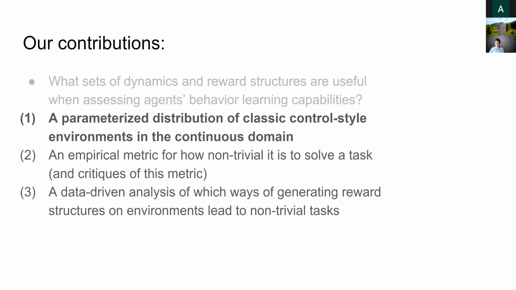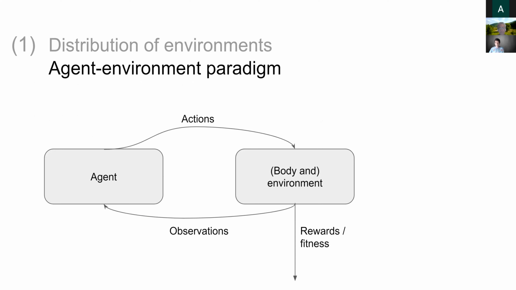Our distribution of dynamics. So first, I just want to quickly share the agent environment paradigm. In this paradigm, sometimes known as a reinforcement learning paradigm, we have an agent that contributes actions to a body environment system, which in turn provides observations to the agent. Here I'm conceptualizing the agent as perhaps the nervous system.